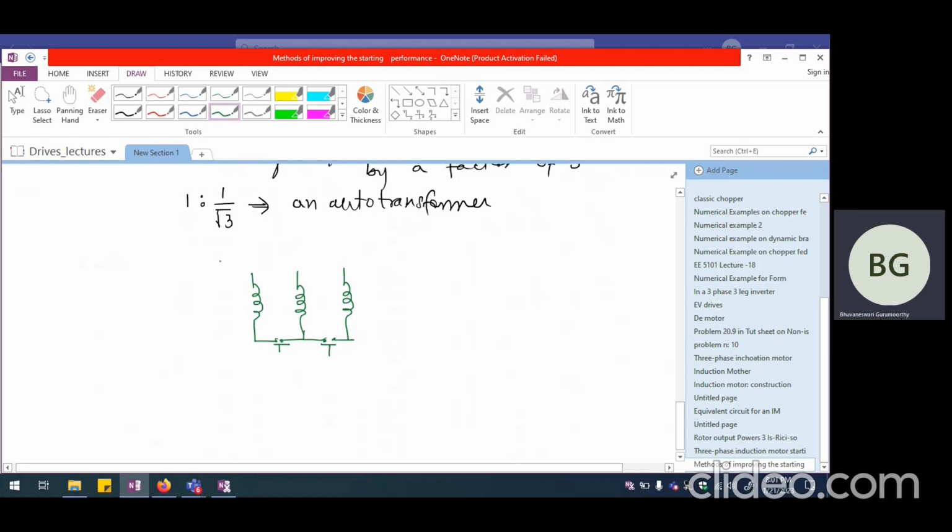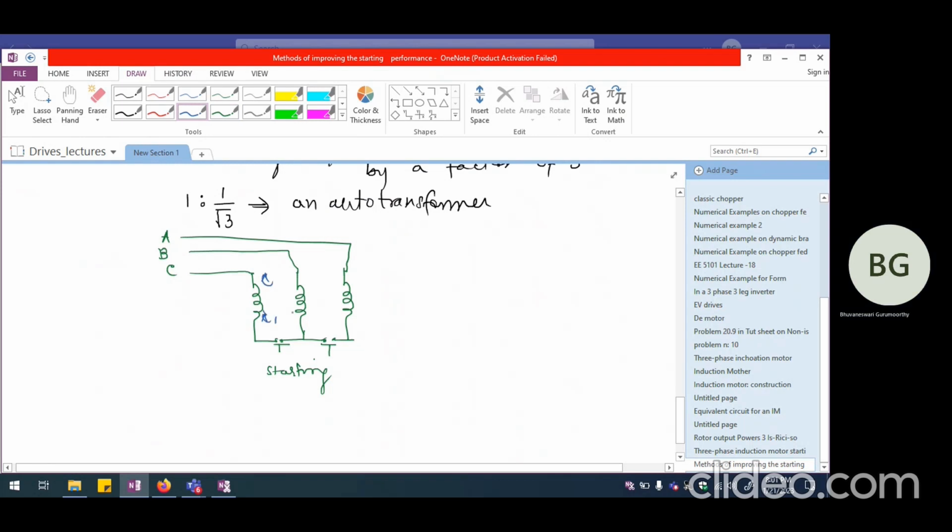So these are the three-phase power supply that is connected ultimately to the three-phase input. So these are going to be closed during starting. These two switches are going to be closed during starting. These are the A, B, C phases. And if I am calling this as A, let us say C, C1, B, B1, and A, A1.